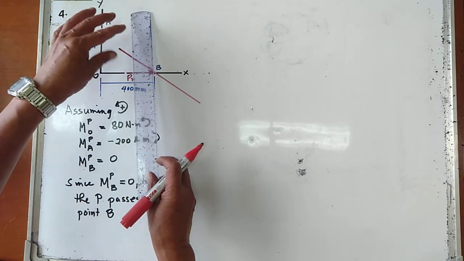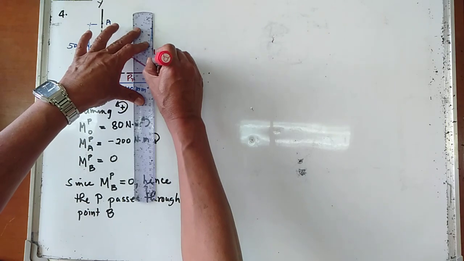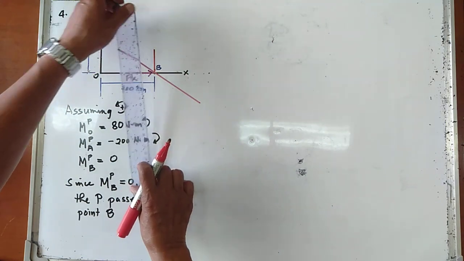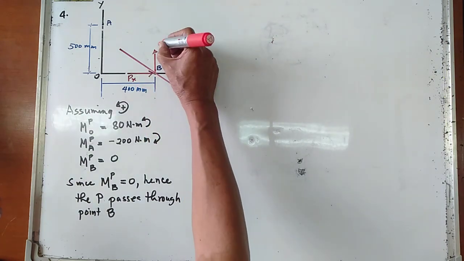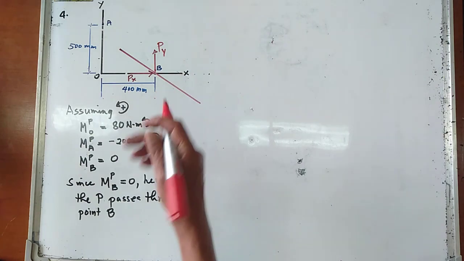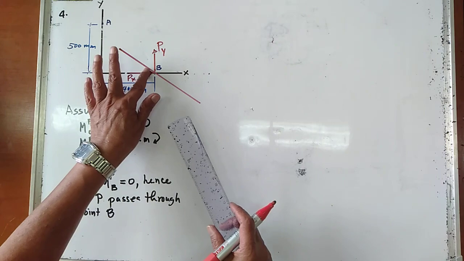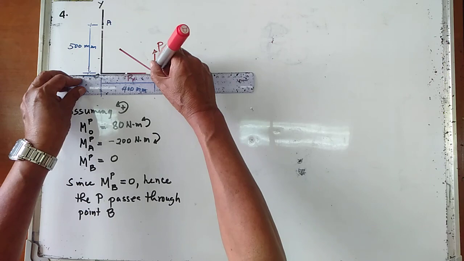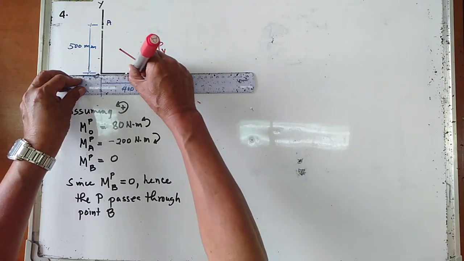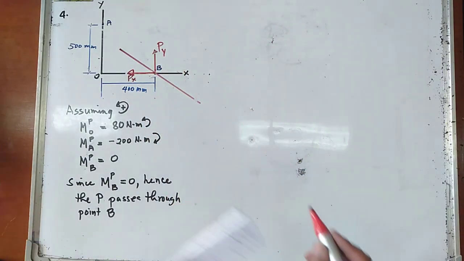And this one in here is now the component of the force P in the y-axis, which I'm going to consider as Py, against point B. Px, okay, I'm going to assume that Px is going to the left. So, that is now your Px.